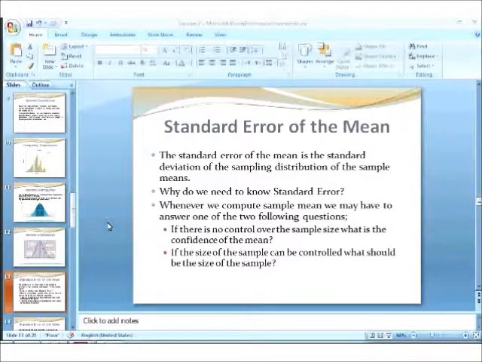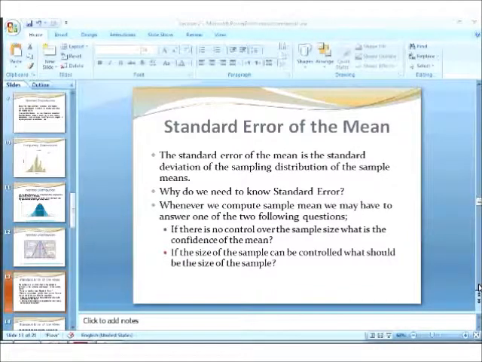How many data points should I collect so that the standard deviation of the means of all the samples that I can draw out of that population is low enough? Knowing the standard error is important to determine the size of the sample that we need to collect for our study.